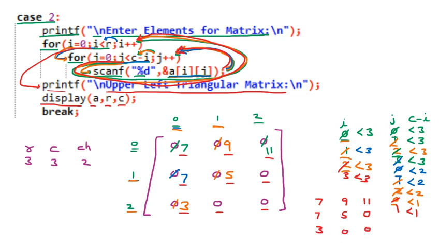So this is the answer on the user screen, and this is called the upper left triangular matrices, because you can see that this particular matrix has the non-zero elements at the triangular side, which is at the upper left. So this is called the upper left triangular matrices.